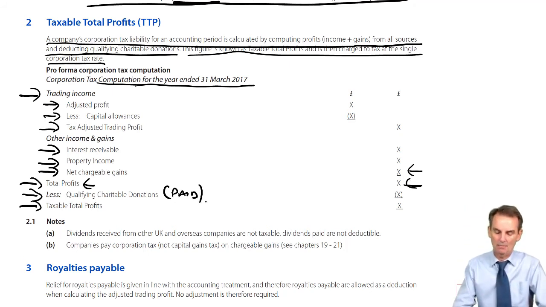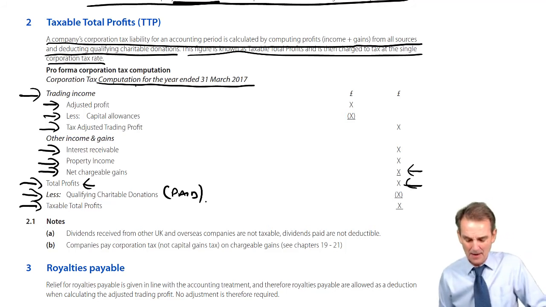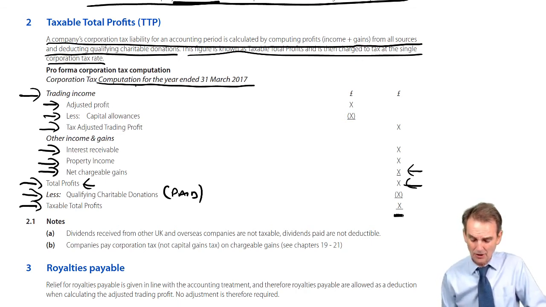Nobody makes you make a donation to a charity, but those will be deductible as and when they're paid. They'll be deducted on a paid basis. And that then will bring you down to your taxable total profit, your taxable total profit.